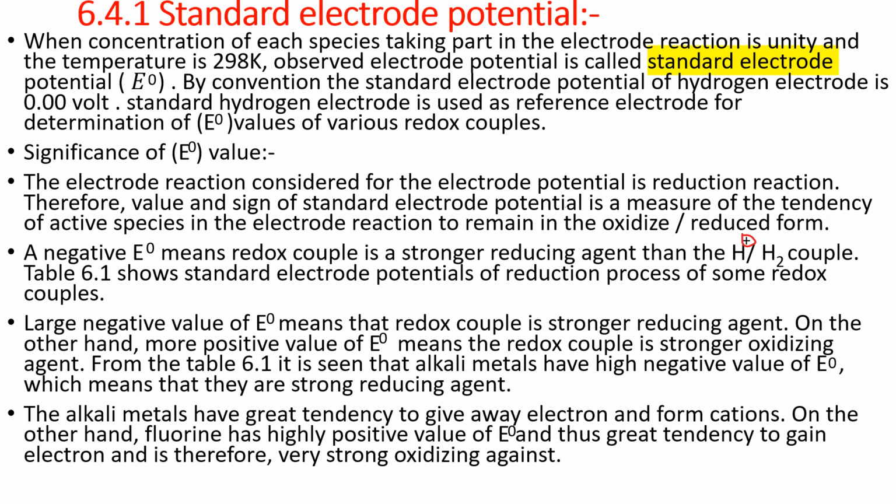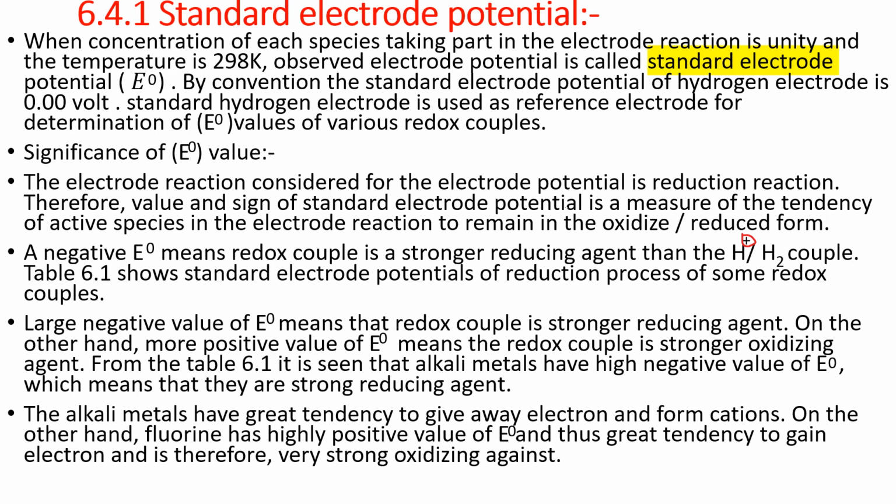The electrode reaction considered for the electrode potential is the reduction reaction. Therefore, the value and sign of the standard electrode potential is a measure of the tendency of the active species in the electrode reaction to remain in the oxidized and reduced form.